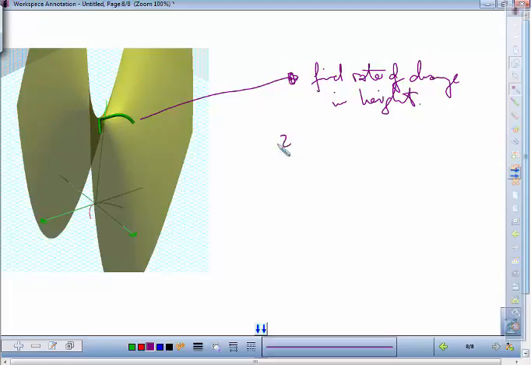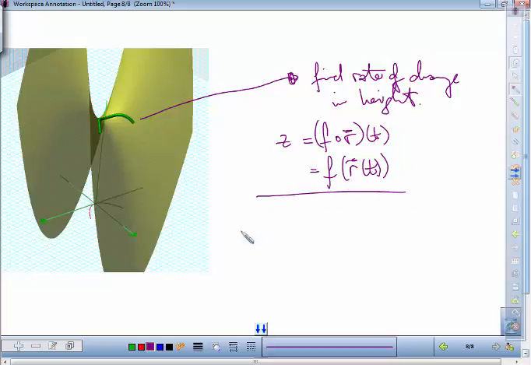We'll call it z is equal to f composed with r as a function of t. So there's a couple things to note. We want to do a chain rule. Actually, let me rewrite this as f of r of t. And what we want to do is take the derivative with respect to time, d dt.